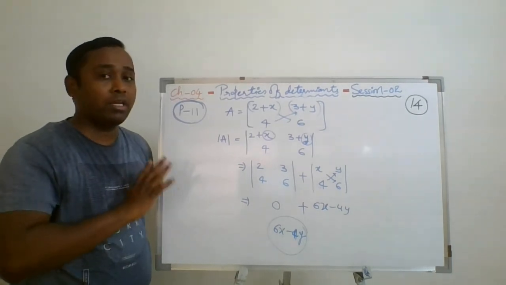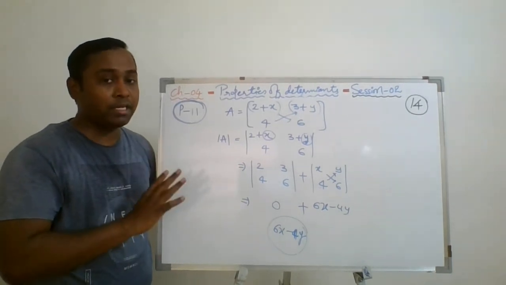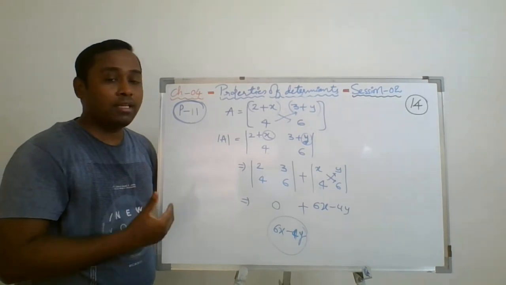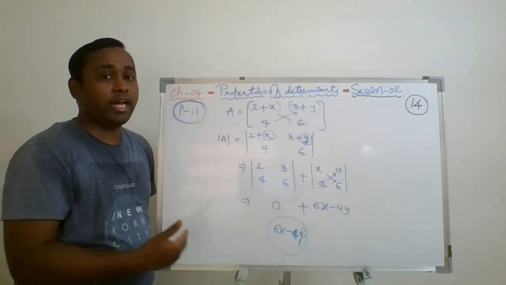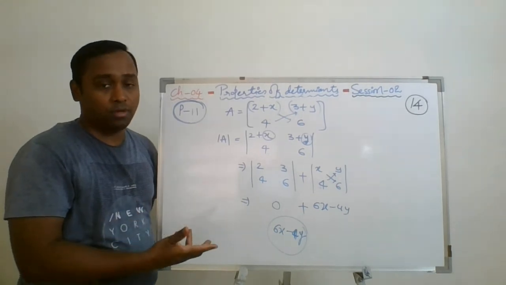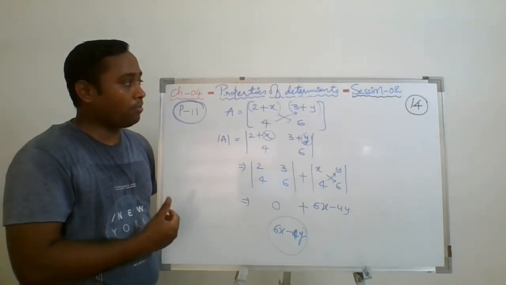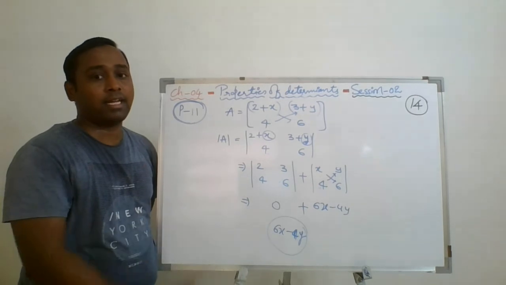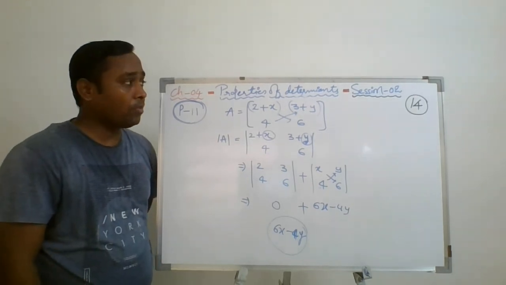If you are thorough in these 11 property statements, then you will see the ease while calculating the determinant value of the difficult expressions that we have in the second exercise of the NCERT textbook.